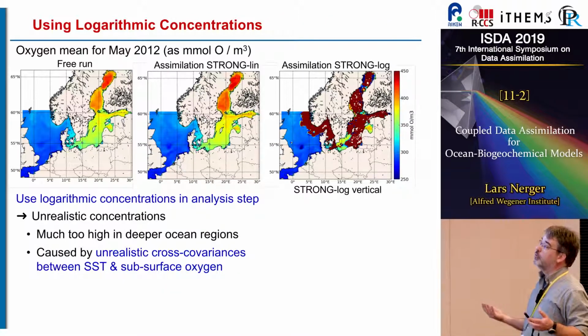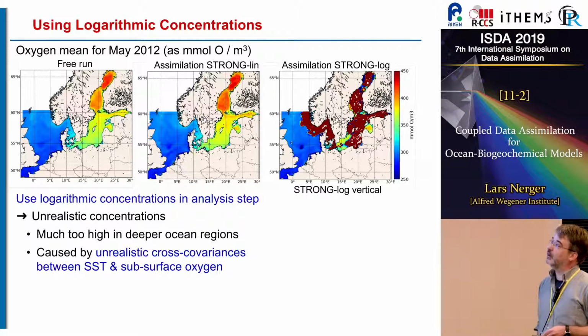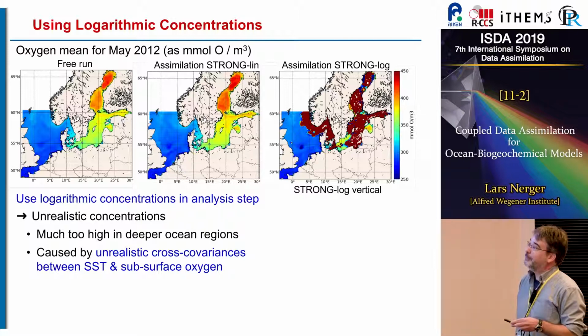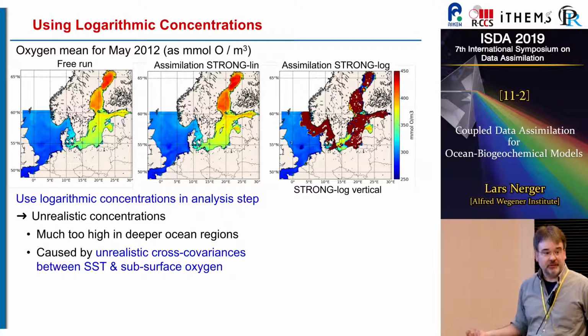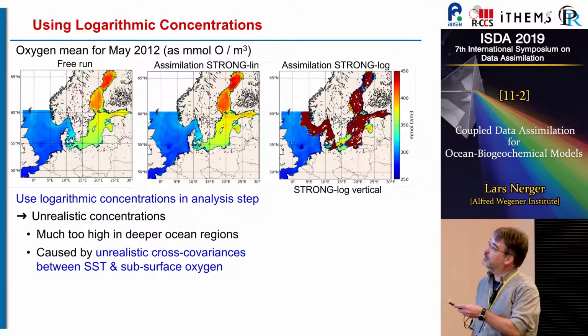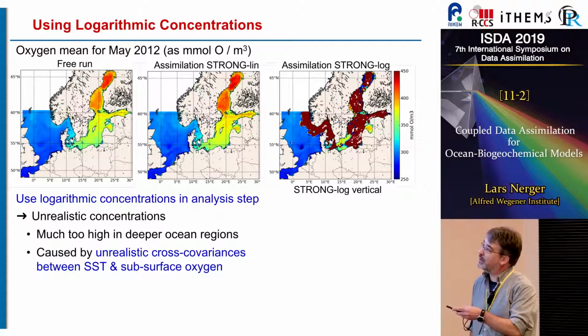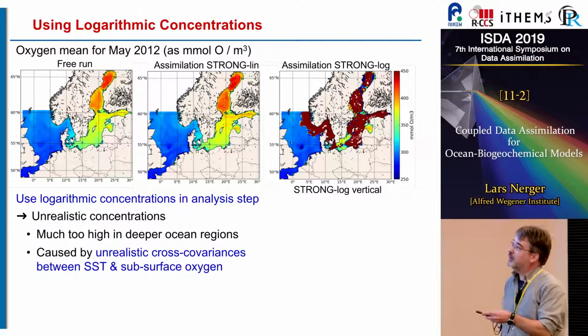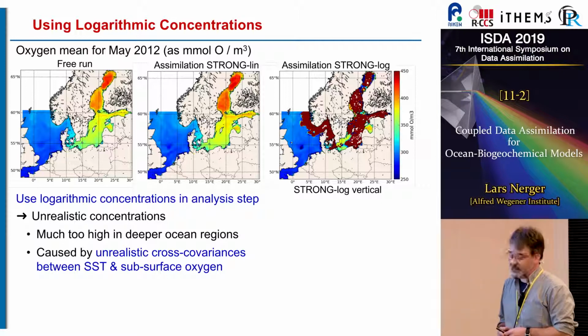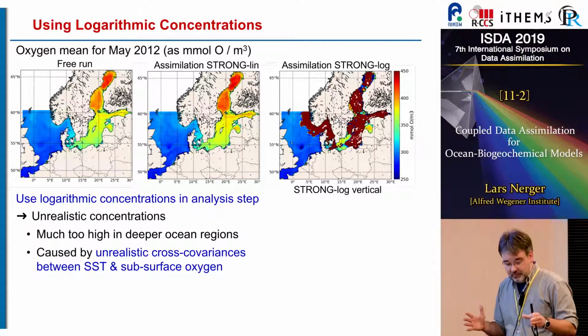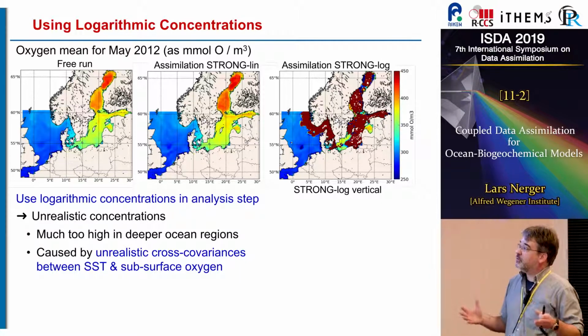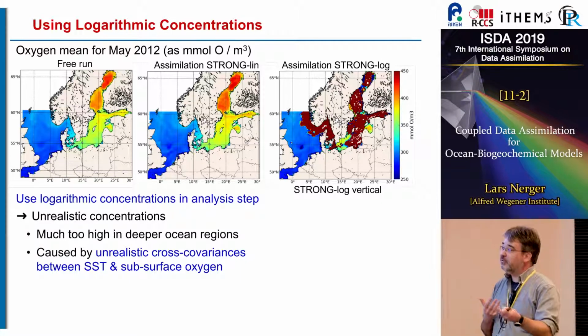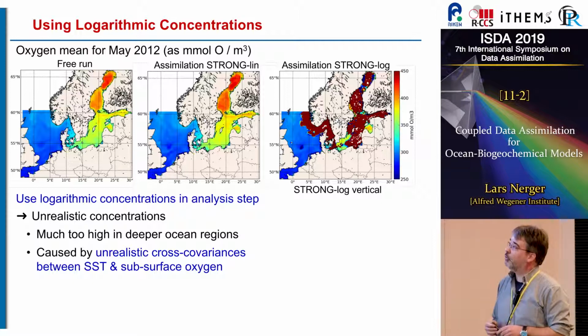Now we come to using logarithmic concentrations, and then we get a completely unrealistic field, in particular here in the deeper part, also the Norwegian Trench, which goes down to 500 meters. The shallow North Sea looks nicer, but we get unrealistic cross covariances between the surface temperature and the subsurface oxygen in particular.